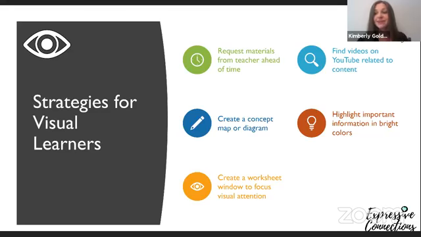The other one here, I'm going to move myself, find videos on YouTube related to the content. So there's so many videos out there right now, especially with YouTube at our fingertips and all other different educational websites, that if you just type in the content area, some really helpful ones might come up. My favorite example here, because I love Sesame Street, they do a great job teaching the alphabet.